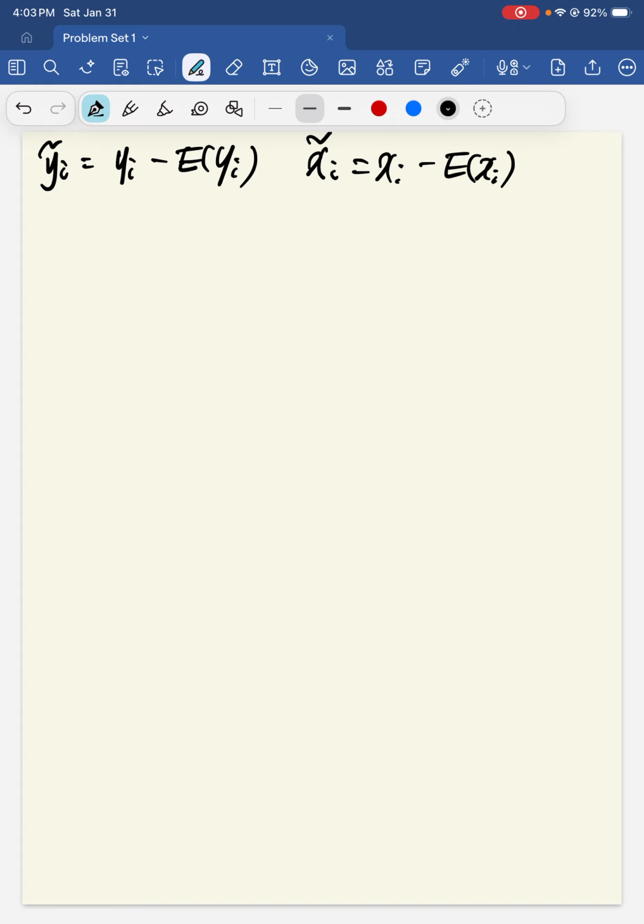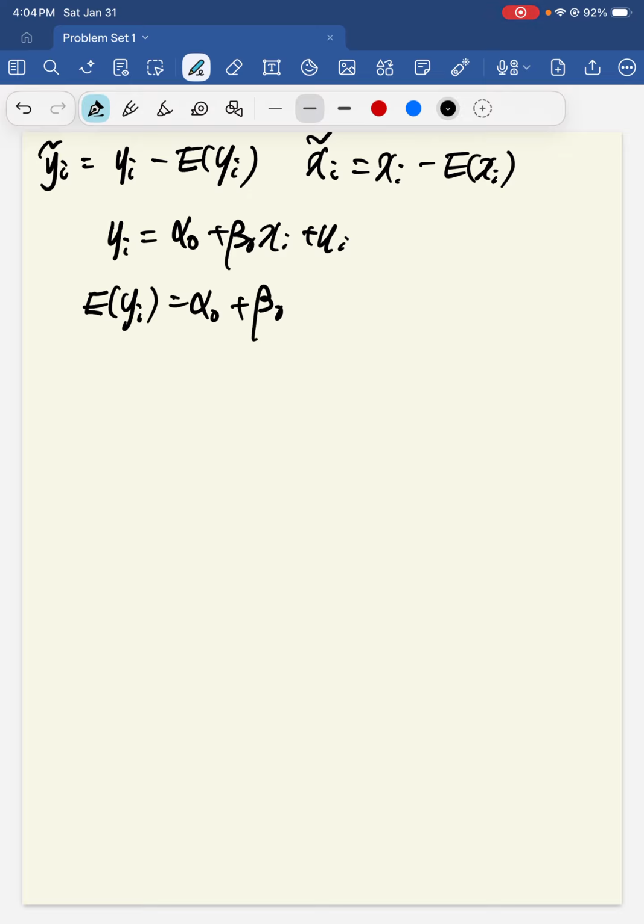Okay, then what we are going to do here is we have our original equation, and let's take expectation on the original equation.